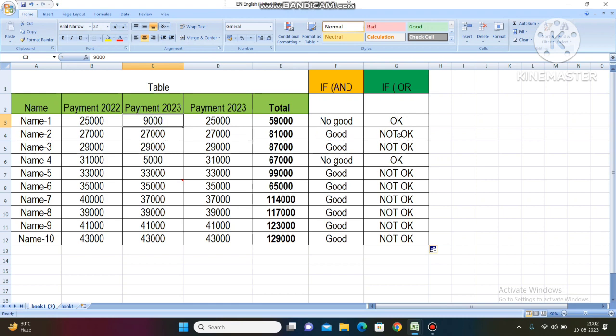And so far as the second row is concerned, you are watching over here not okay, because all values of these cells are greater than 15,000, so it's not okay looking over here. So this is all about the IF OR formula.